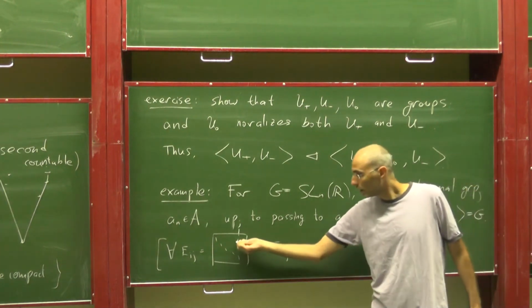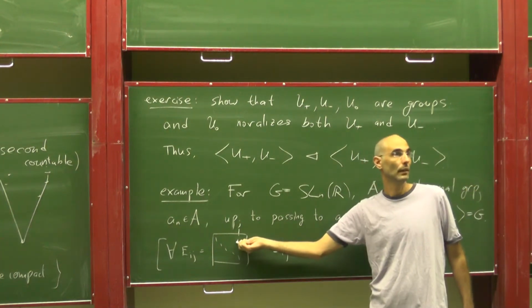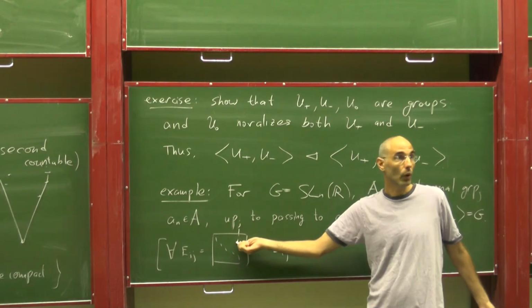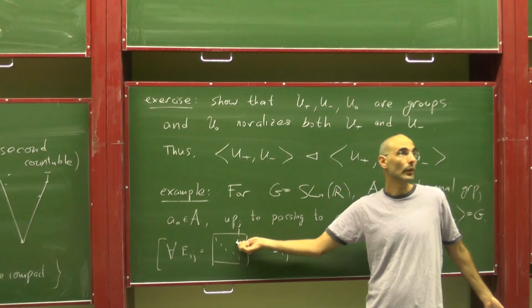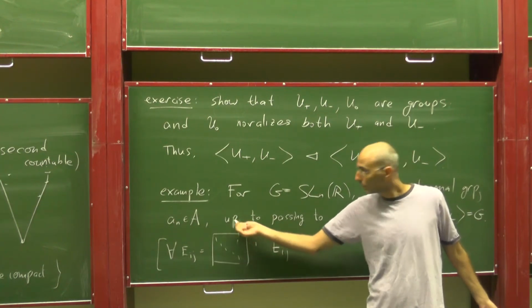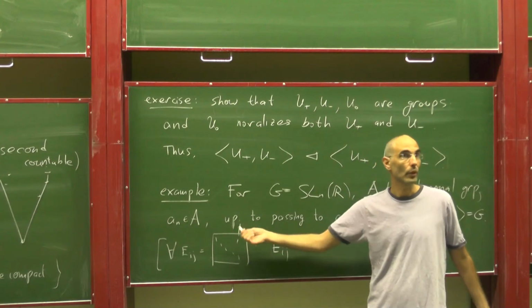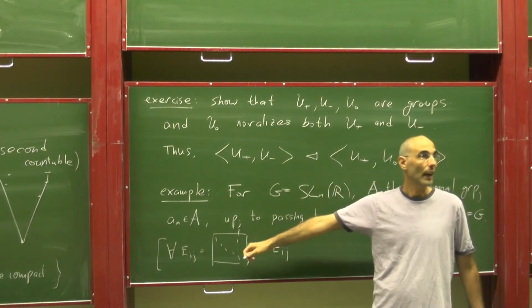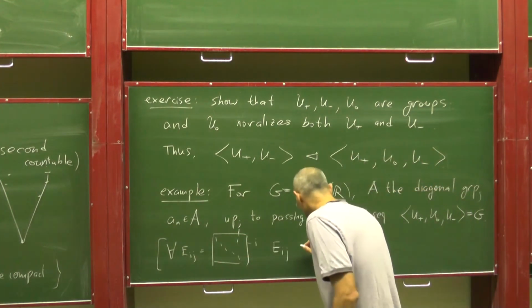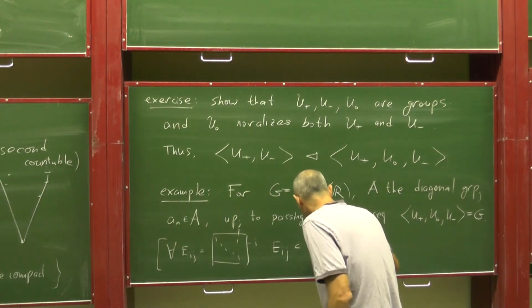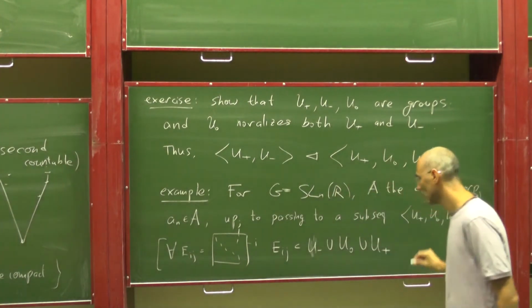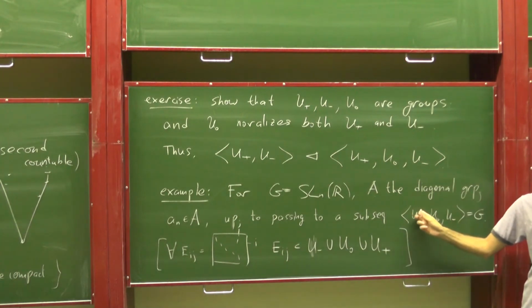I will just multiply this one by various numbers. And this either will go to infinity or minus infinity, which are the same for me here, or to 0, or will stay within a bounded range, up to passing to a subsequence. And this is for every ij. Go to a subsequence that will have the same behavior for every ij, and you're done. E_ij is in the union U minus, union U zero, union U plus. This is the explanation of that claim.